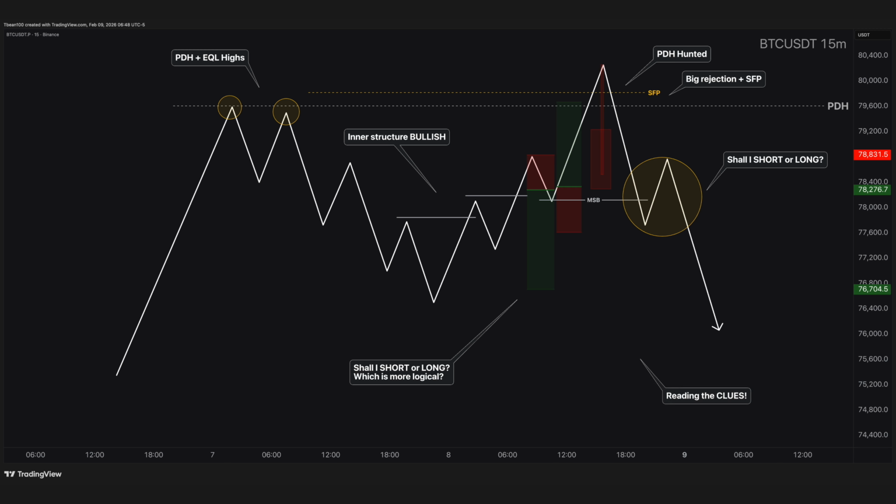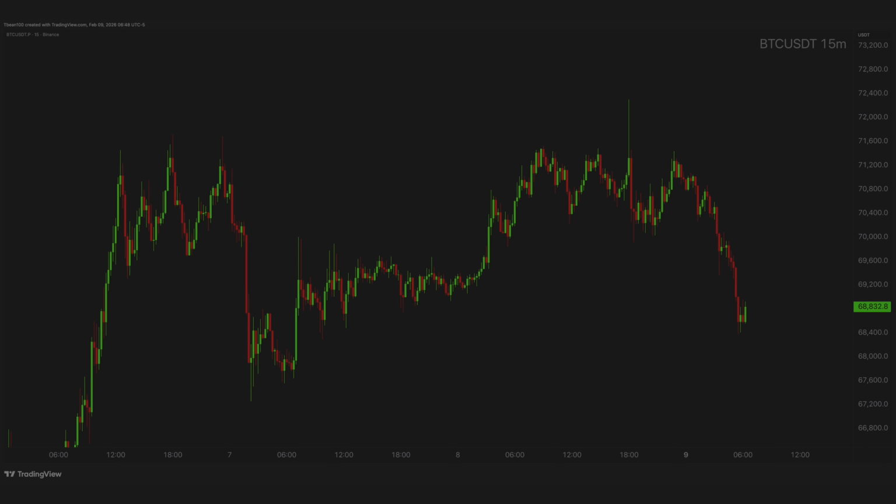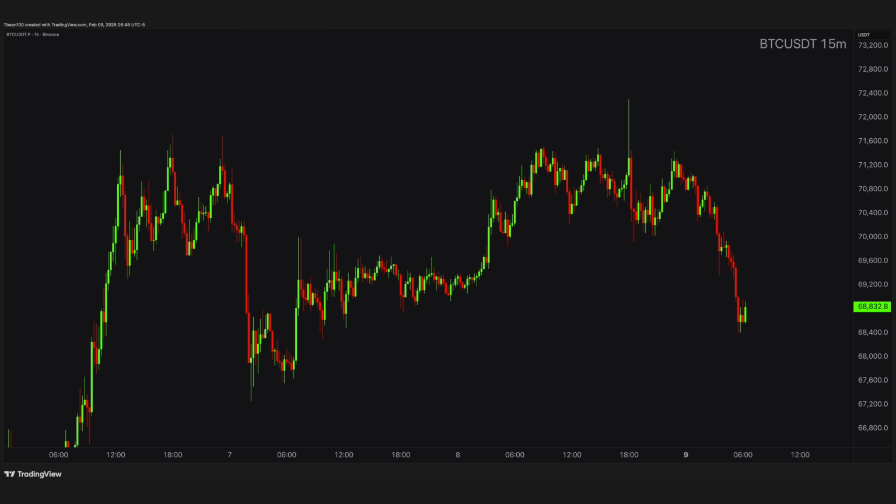If the momentum shifts and the inner structure flips to bearish, then taking a short and following that new momentum becomes the better idea now. So basically, this is how you read the clues the market is giving you and use them to guide your trading decisions.